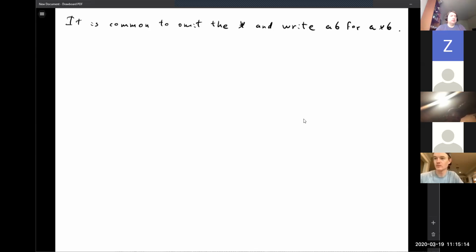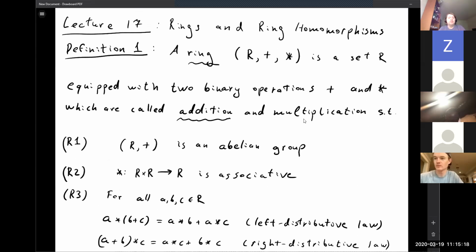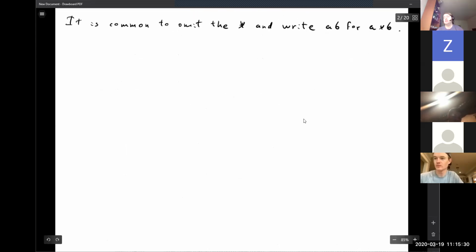Okay, so you might have noticed that in R3 we required separately the left distributive law and the right distributive law. And there is a good reason for that. So that will be our remark 1.